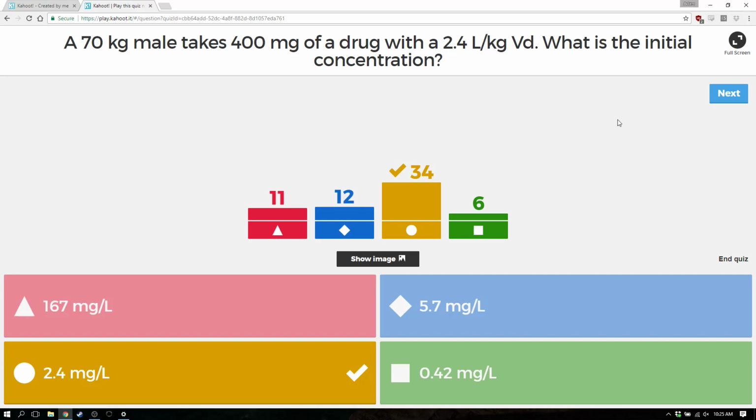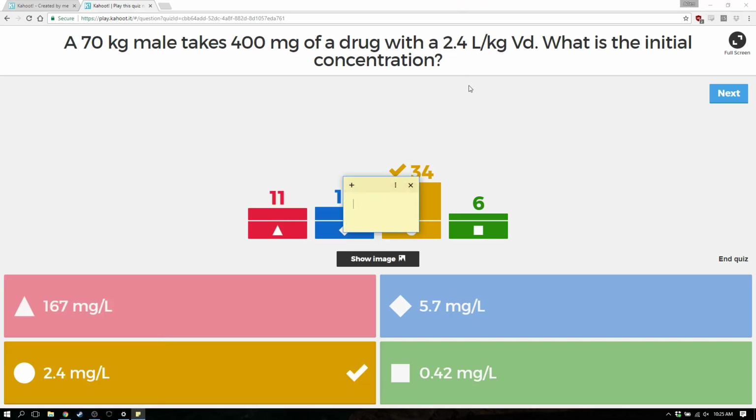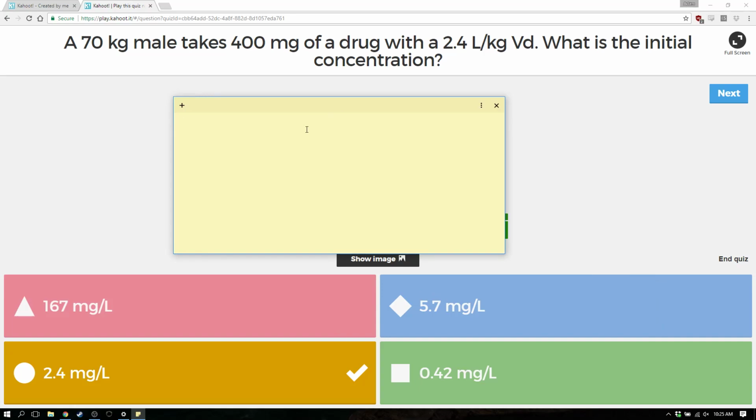I can't really draw on there, but let me do a sticky note. Hopefully you guys can see this. This will show up on the recording though. Okay, so what's our first step? 70 times 2.4, right? So VD equals 70 kilograms times 2.4 liters per kilogram.